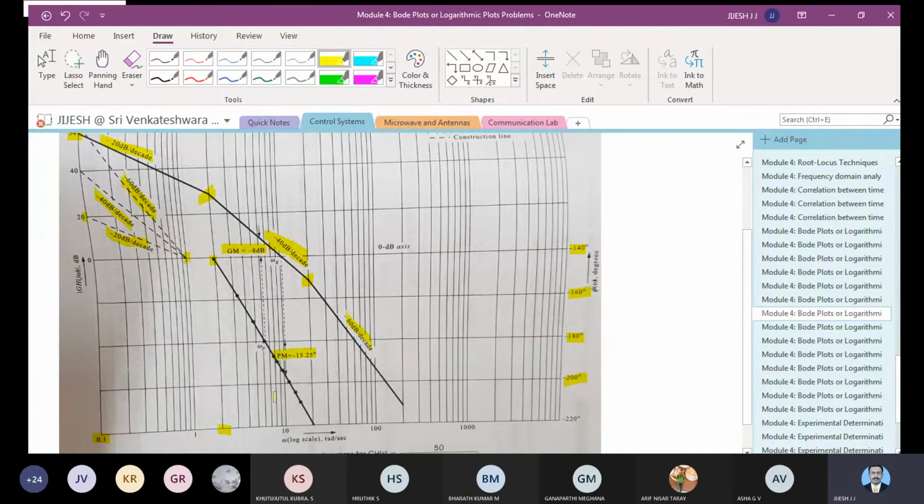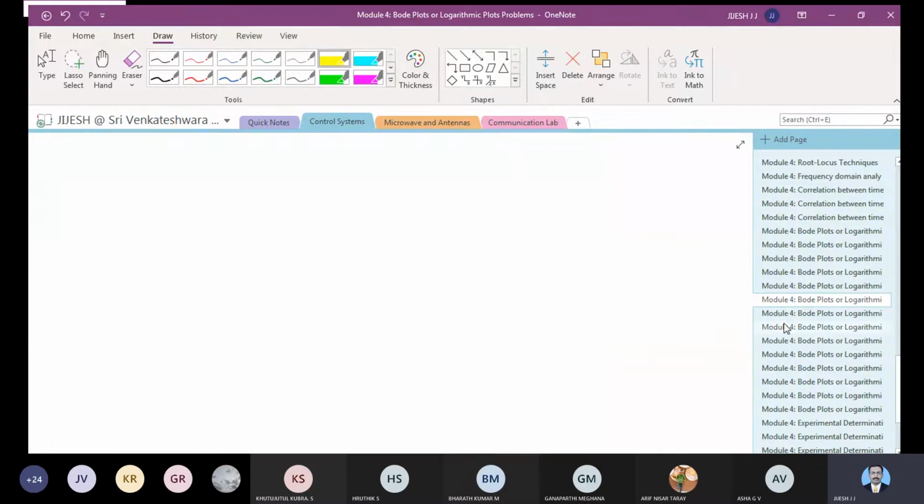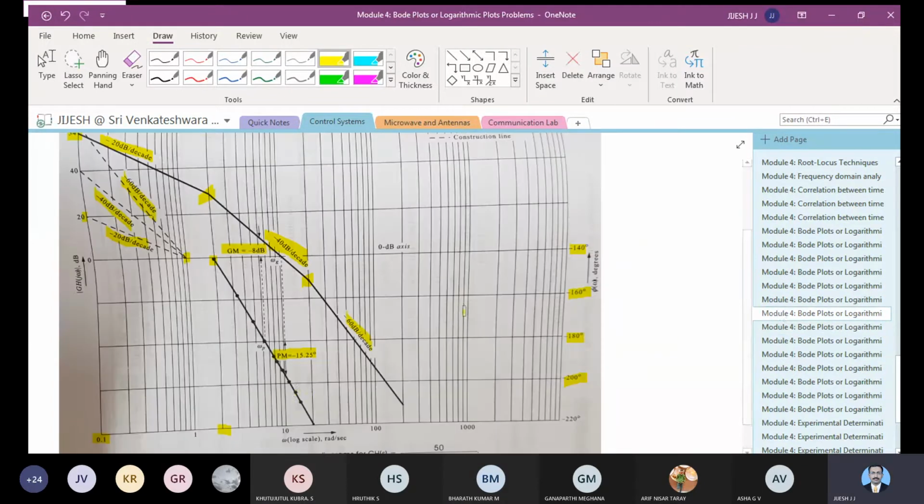What is the next value of omega? From the table you have taken 3. At 3 it is minus 154. So you have to put one point there.